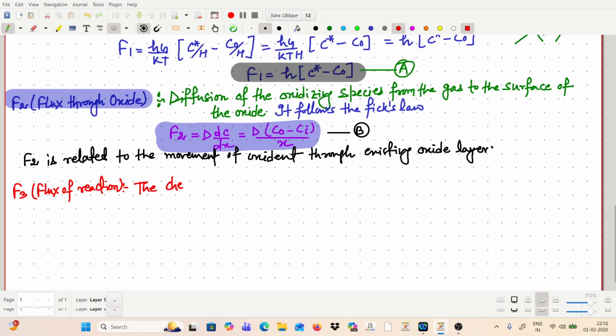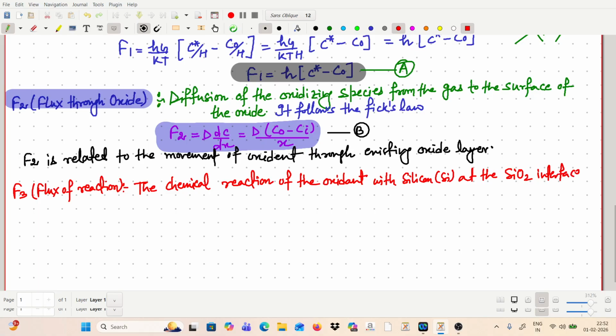So I'm writing the chemical reaction of the oxidant with silicon at the SiO2 interface, and F3 is proportional to, simply, Ks Ci. So F3 equals Ks Ci.